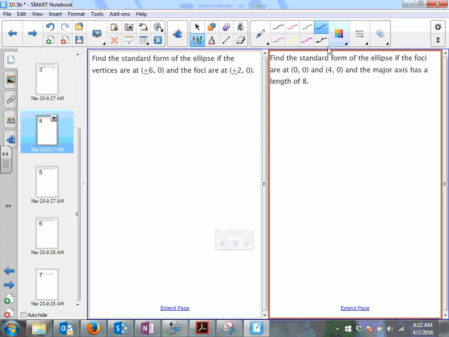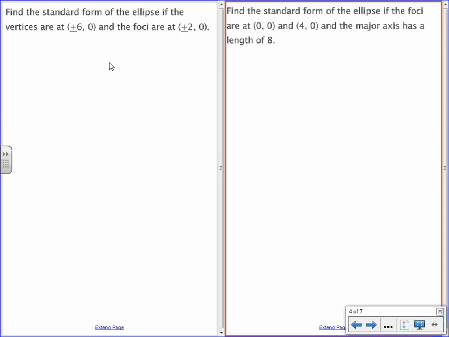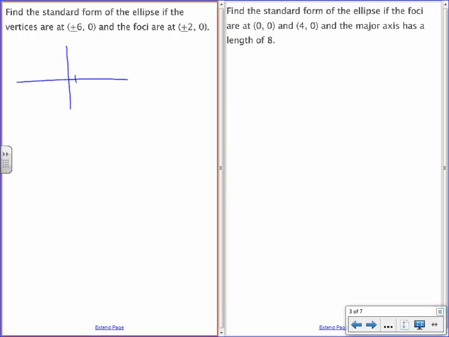How many of you drew a picture for this first problem? Oh, good. So we have vertex and, whoops, foci. Pod 1, what's the first thing you identified from this picture?